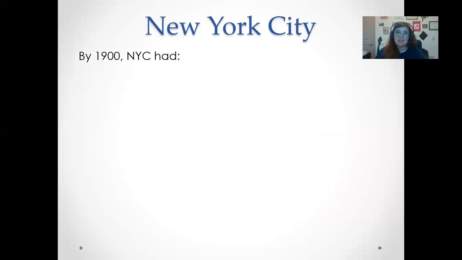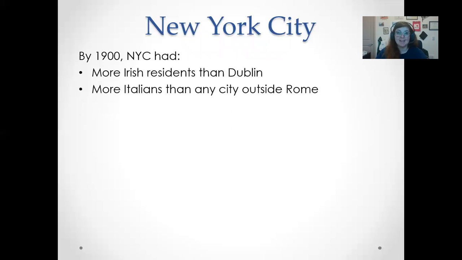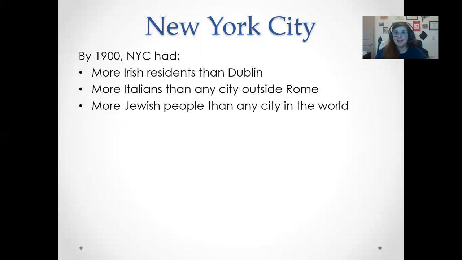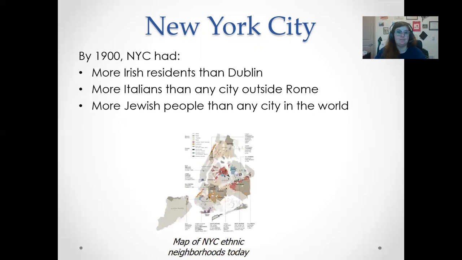So New York City was kind of a hub for immigration. So we often bring it up as an example. By 1900, New York City had more Irish residents than Dublin in Ireland, more Italians than any city except for Rome, including cities in Italy, more Jewish people than any city in the world.